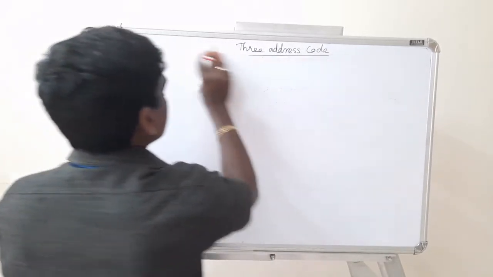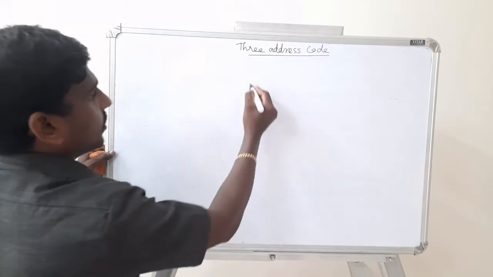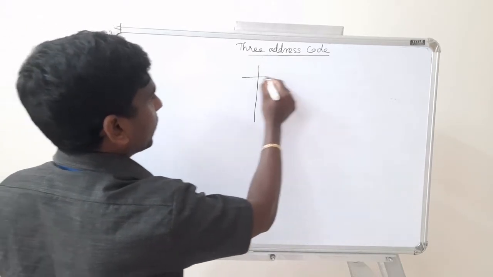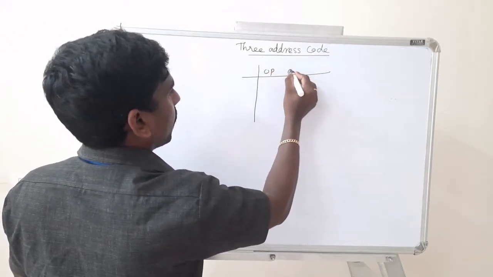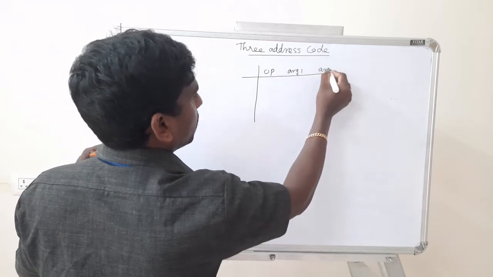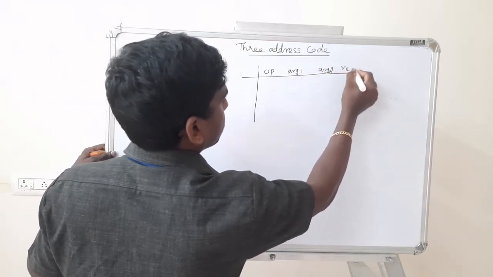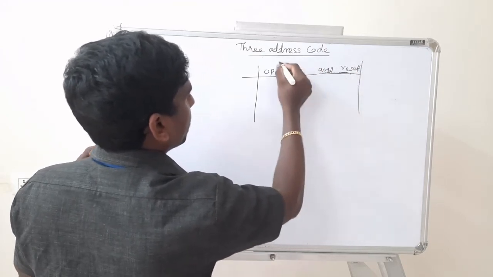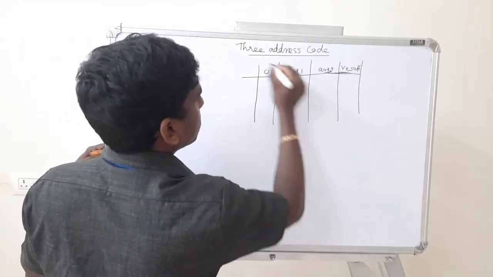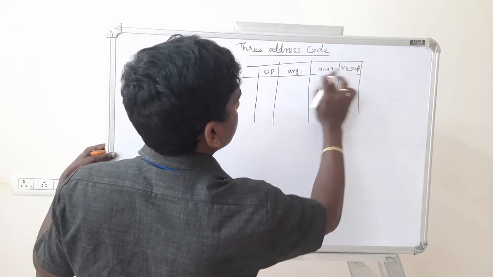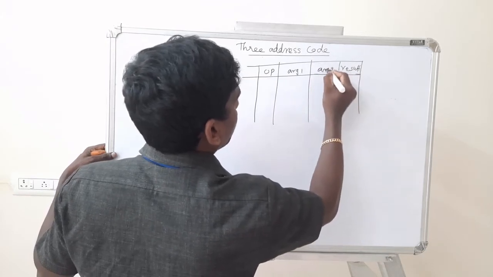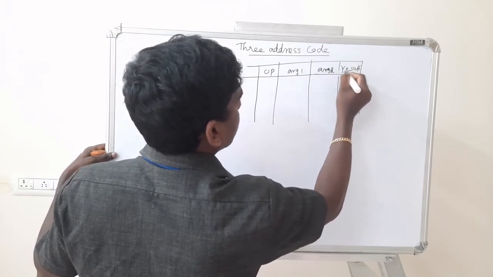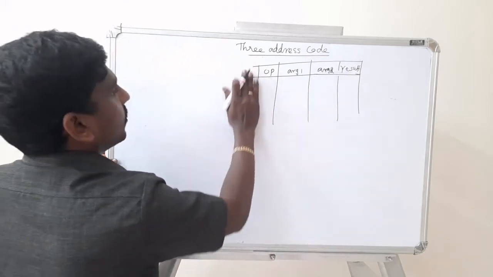Quadruple has 4 fields: operator, argument 1, argument 2 and result. We can implement the quadruples by using these 4 fields.